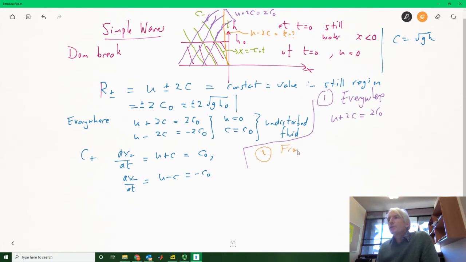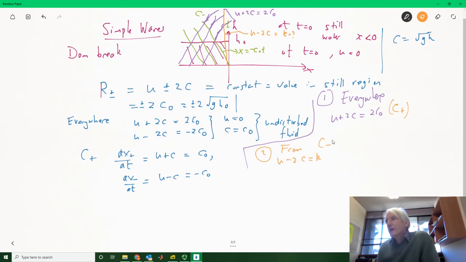From the C minus, we know that u minus 2c is equal to another constant, but that constant might depend on the line. Over here it's equal to 7, over here it's equal to 8. It might be changing. But if we have u minus 2c is equal to k, and we have u plus 2c is equal to 2c naught, we can solve and we get an answer for u and an answer for c.